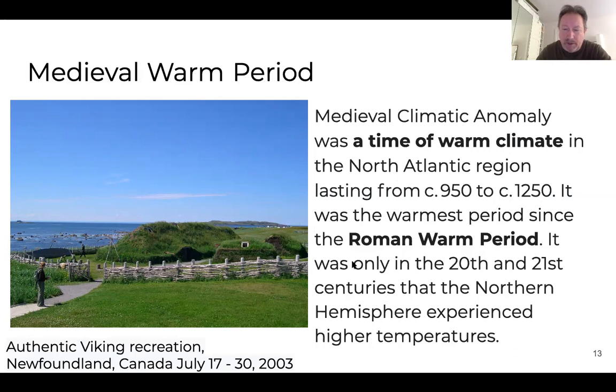It was only in the 20th and 21st centuries that the Northern Hemisphere experienced higher temperatures. That means that our weather is warmer than it was in the times of the Viking landing in Greenland.